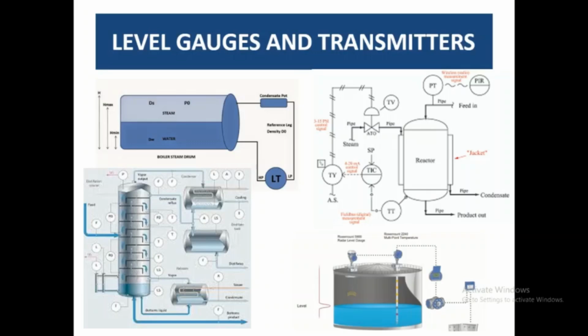On the downstream, the steam is manufactured in this unit, and the steam coming out of this boiler has a flow rate as well, so I need to install a flow meter there too.